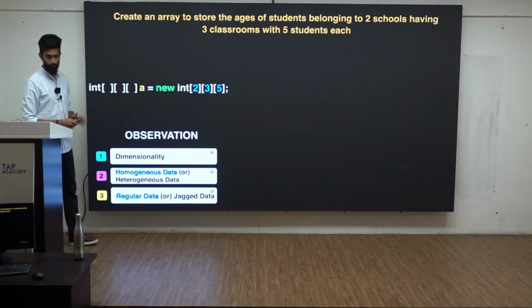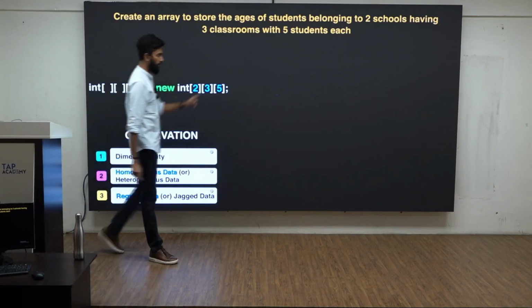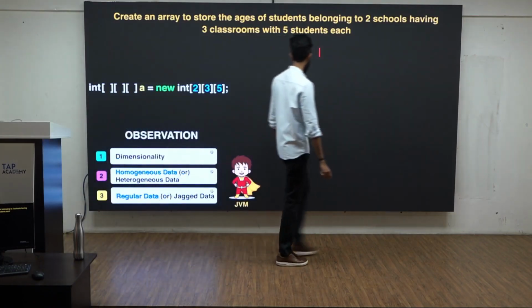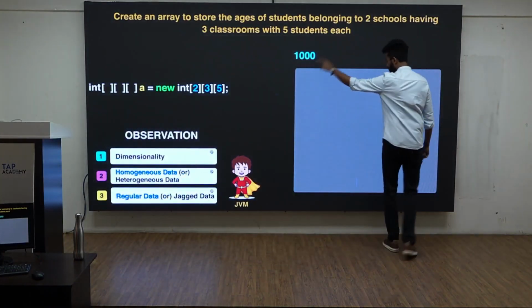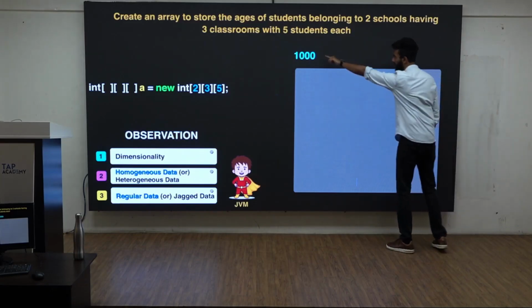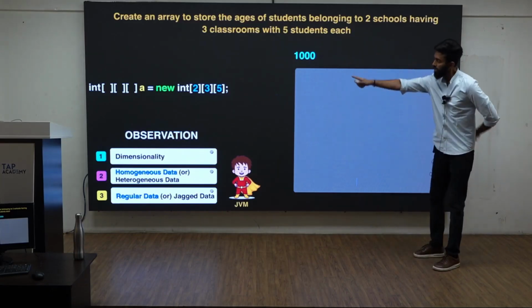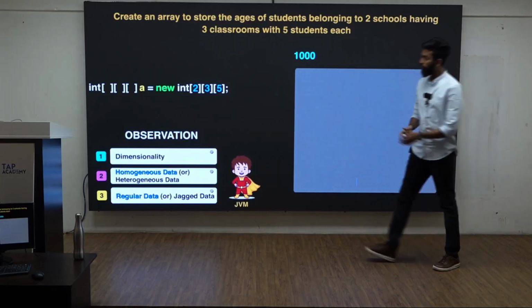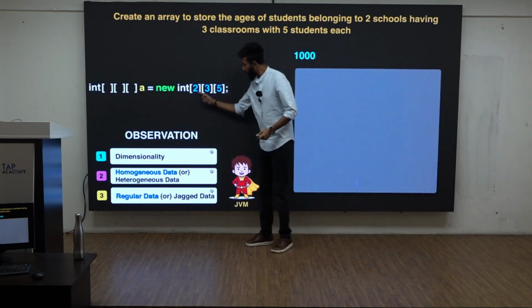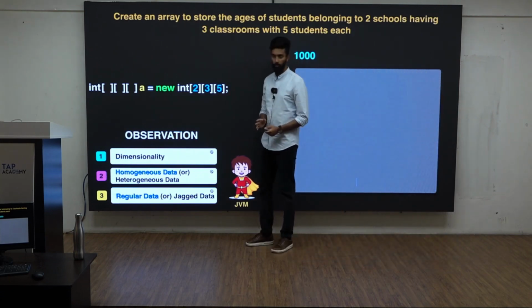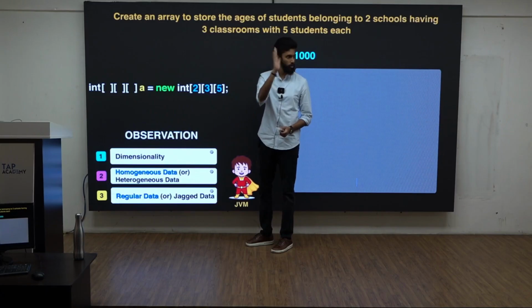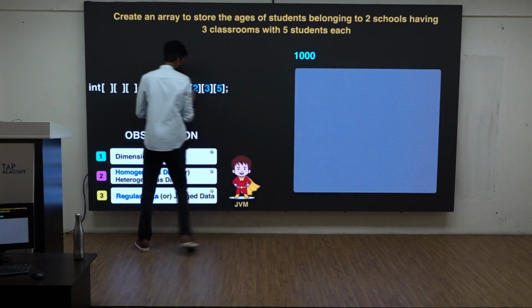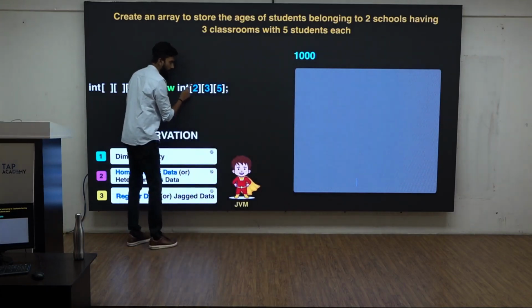Makes sense. Okay? Now quickly look at the memory. This is very important. JVM gets activated. New means a new block of memory with an address. Now listen. Int means integers. Now for you, it is school, class, student. But for the JVM, there is no school, no class, no student. Which means, what is this first dimension, sir?